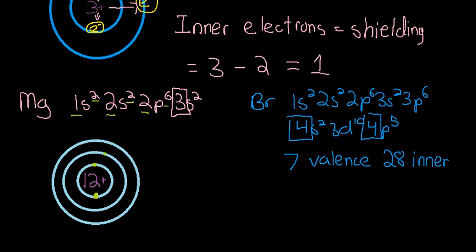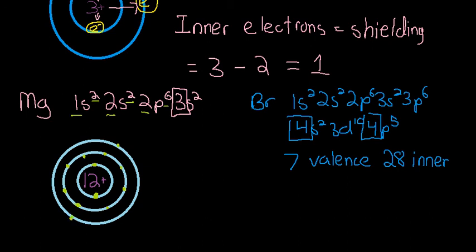So we would have 1, 2, 3, 4, 5, 6, 7, 8. I don't know if that was the best color to choose, but I think you can see it there. So we'd have 8 electrons in the n equals 2 energy level. And in the n equals 3 energy level, we have 2.